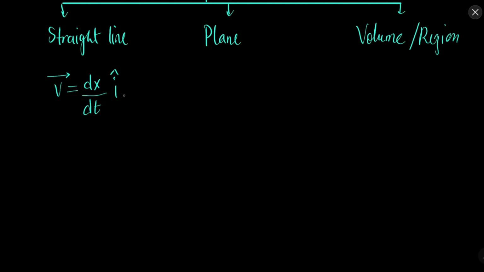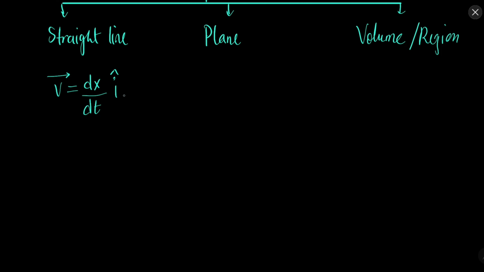Now what happens in a plane? So let's say one object is moving in a plane, the x and y plane, okay, xy plane. So we can write the velocity like this: dx by dt i cap plus dy by dt j cap. So what you understood is that the x component and y component are independent of each other.